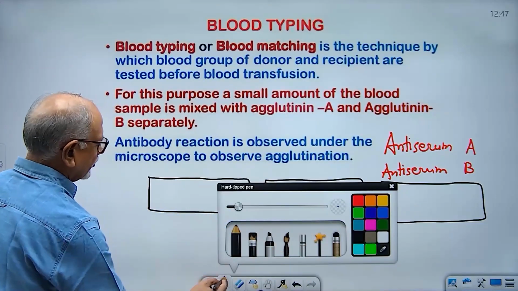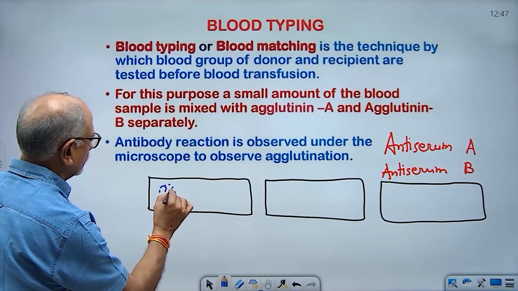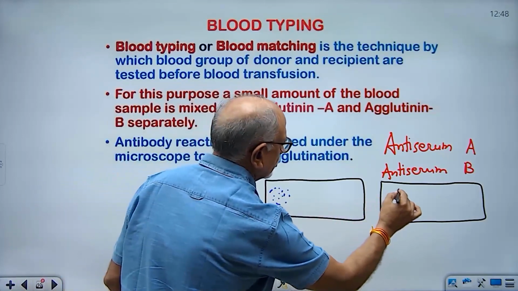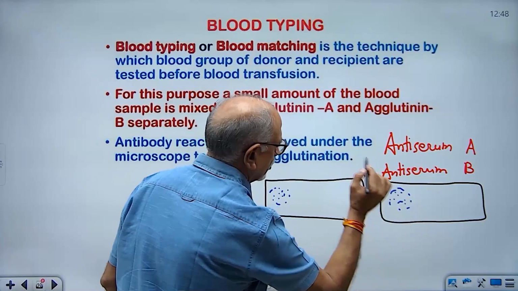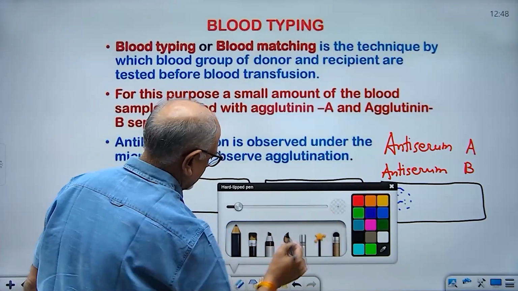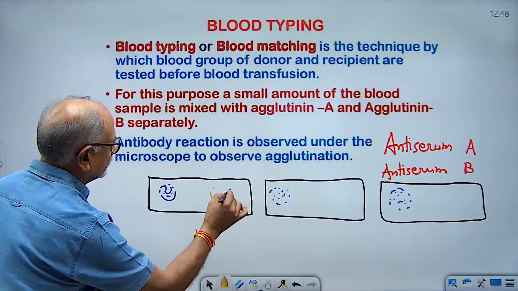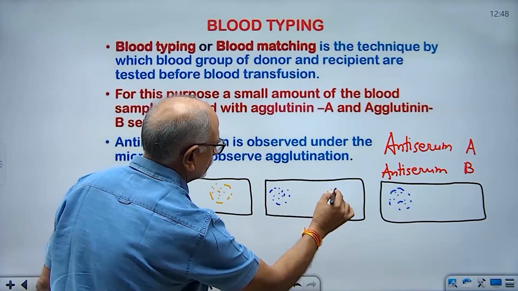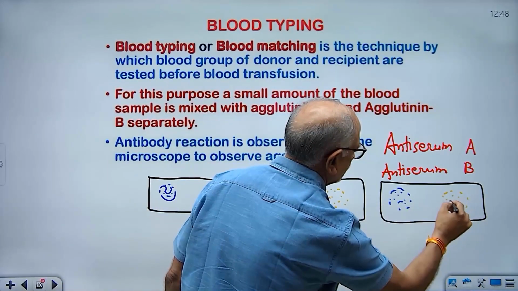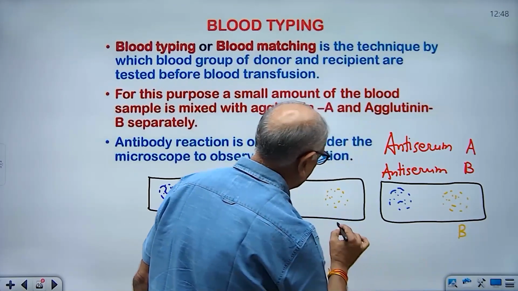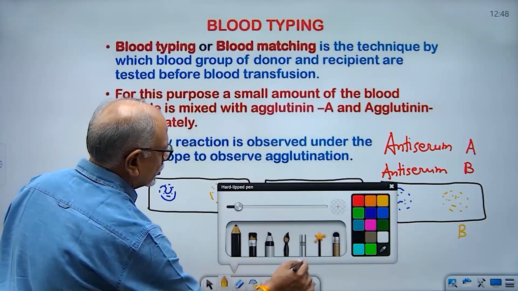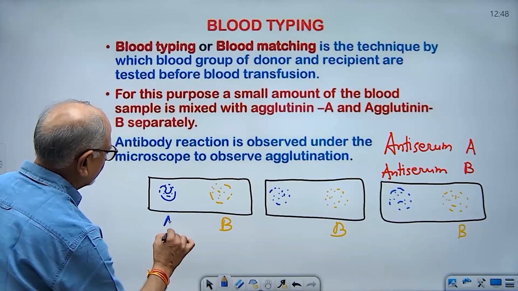One is of blue color like this, and another is yellow colored. Now this is B and this is A.